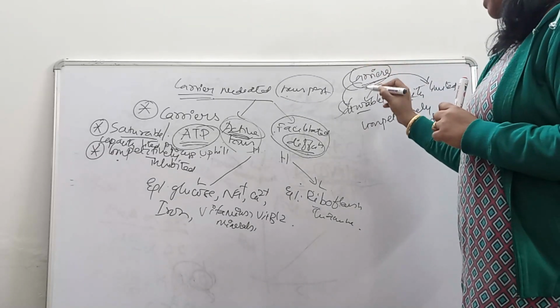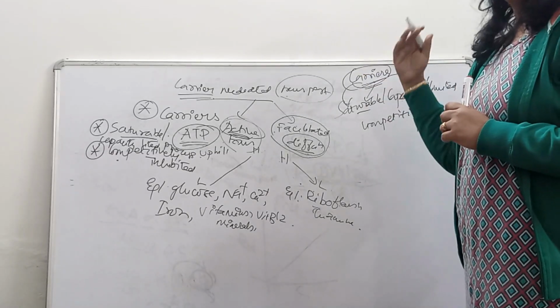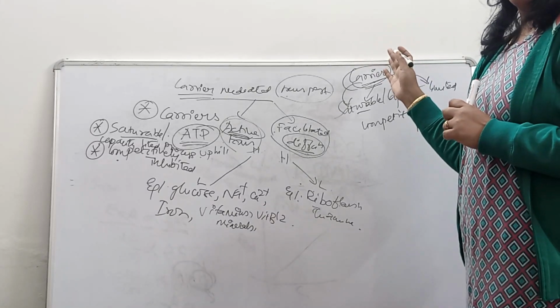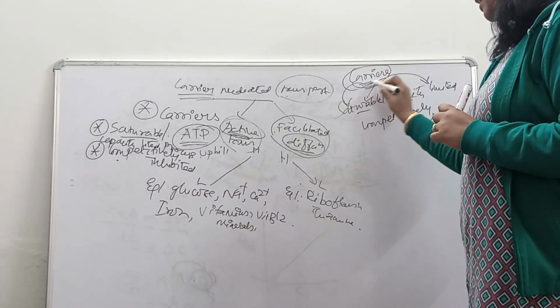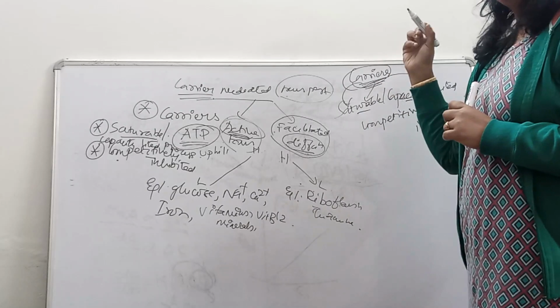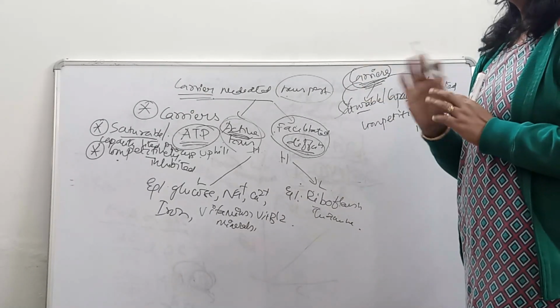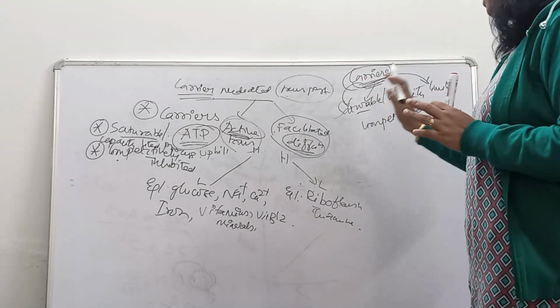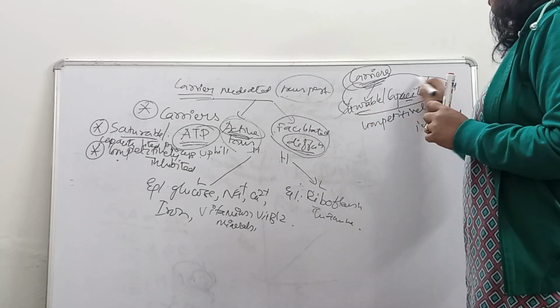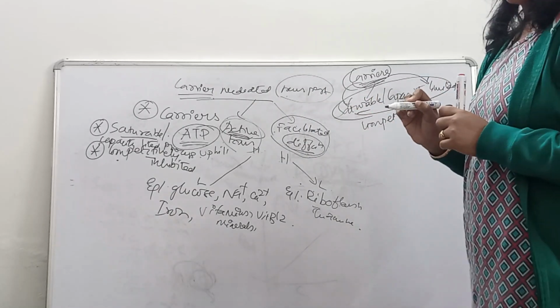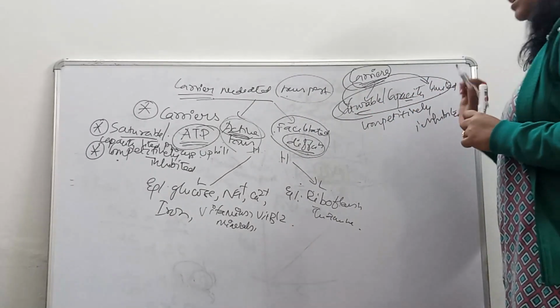Until the saturation of carriers, the rate increases along with the concentration. Once the carrier gets saturated, even if you increase the concentration, there will not be any change in the rate of absorption. That is the meaning of a saturable or capacity limited process.